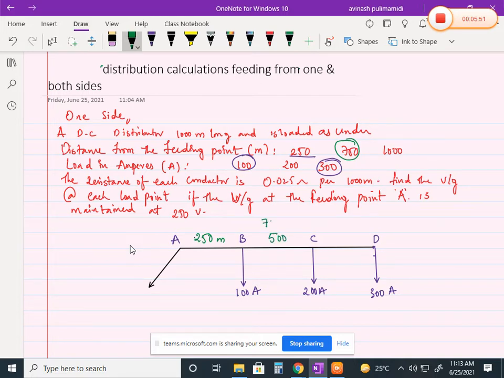That is 750 minus 250. Next, the other point we get here is 1000. Then 250 plus 500 is 750, and out of 1000, the remaining we get here is again 250. Okay.